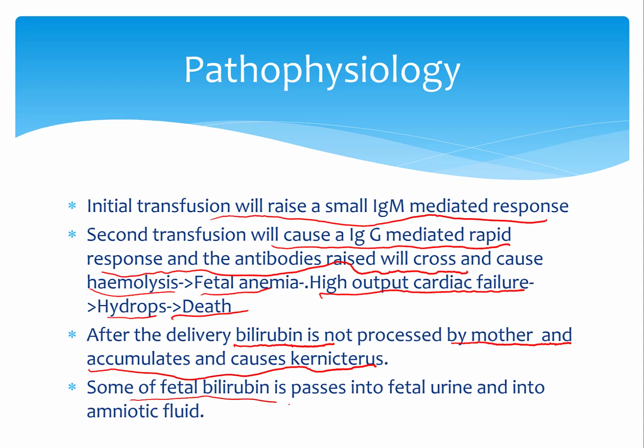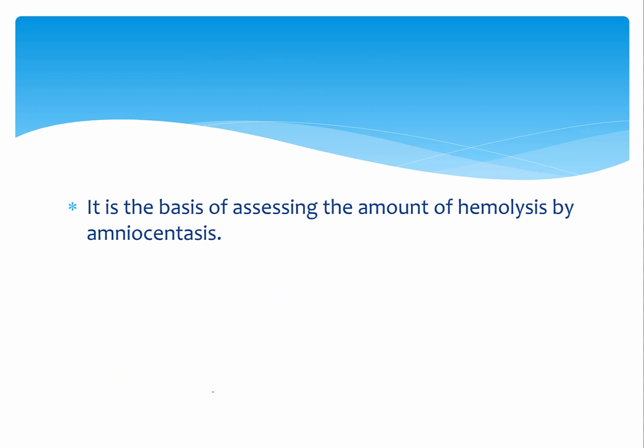Some of the fetal bilirubin which are processed by the fetal liver will be excreted through fetal urine and that will stain the amniotic fluid. So, in a condition where you have a lot of hemolysis, the amniotic fluid will be yellow because of increased bilirubin coming from the fetal liver.